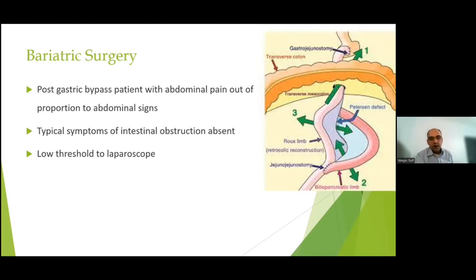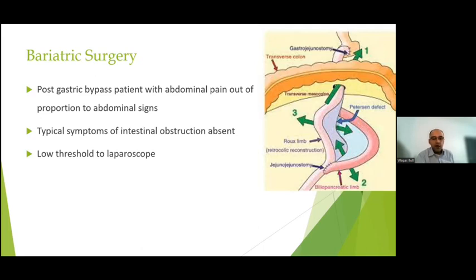So if a patient who's had previous bypass presents with severe abdominal pain that's out of proportion to the clinical signs, always think about an internal hernia causing small bowel ischemia, right? So involve your seniors quickly and have a low threshold to laparoscope.